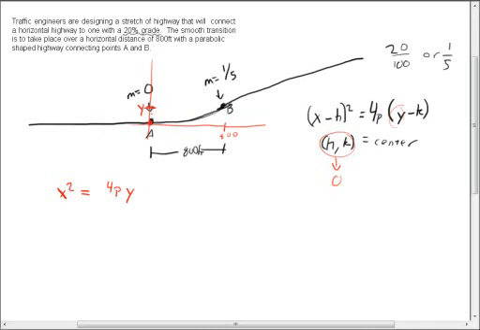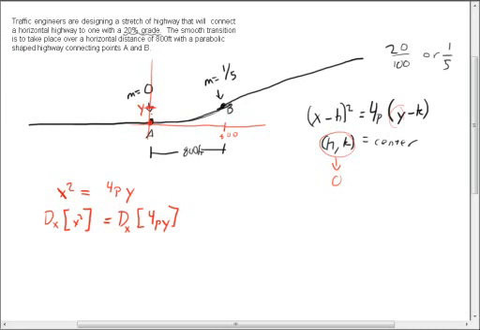And we want this to be a function of y, so we're going to differentiate with respect to x. So, when we take the derivative of both sides, we have to do the same thing to both sides of the equal sign. 4p of y. Okay.